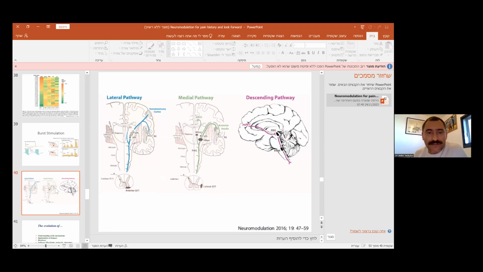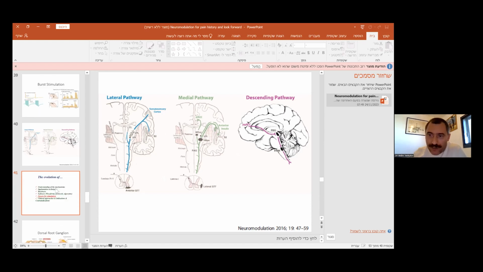Tonic stimulation can activate the lateral pathway, with activating of the somatosensory cortex and somatosensory pathways. So when we make burst stimulation, we can activate the so-called medial pathway and activate the limbic system in the brain, the areas which are responsible for the emotional component of the pain. So now we can treat not only the pain itself, but also the suffering of our patients.